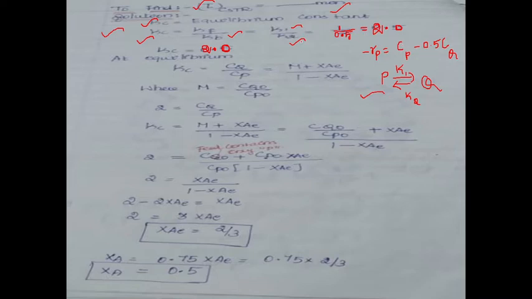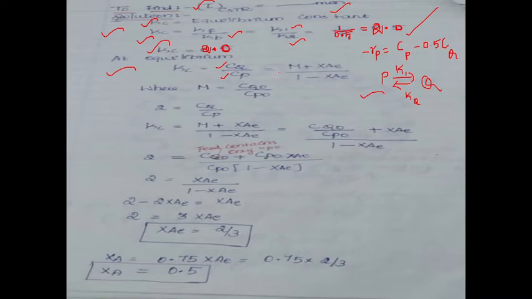So K1 by K2 is equal to 1 by 0.5, that is equal to 2. This is the equilibrium constant, so the Kc value is 2. At equilibrium condition, Kc is equal to Cq by Cp, where Cq is the final concentration of Q and Cp is the final concentration of P.